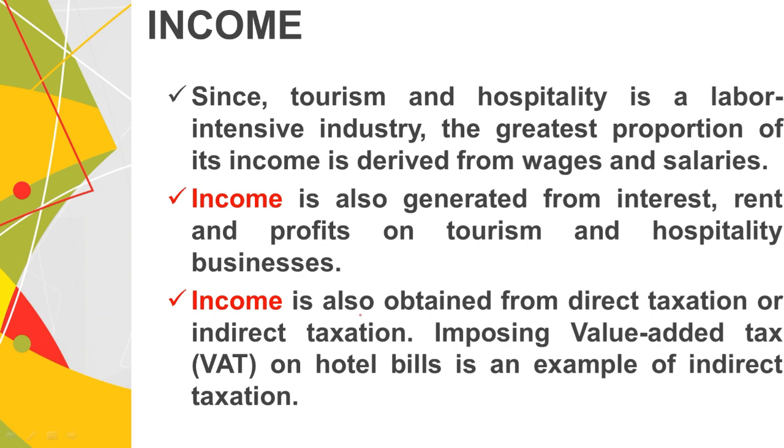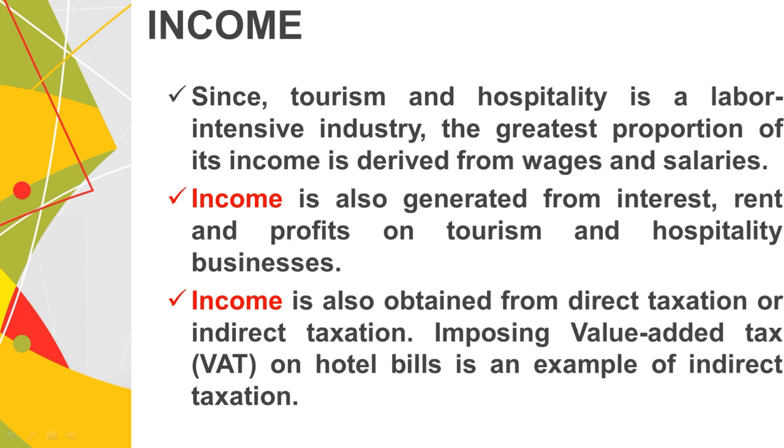Income is also generated from interest, rent, and profits on tourism and hospitality businesses. Of course, these establishments need to rent their buildings. They also need to pay interest on the loans they have acquired. Income is also obtained from direct or indirect taxation.